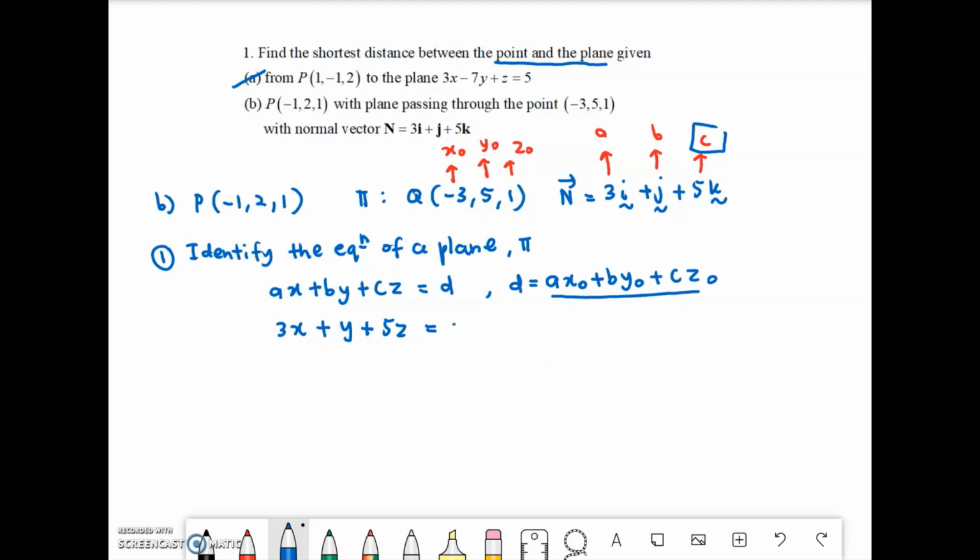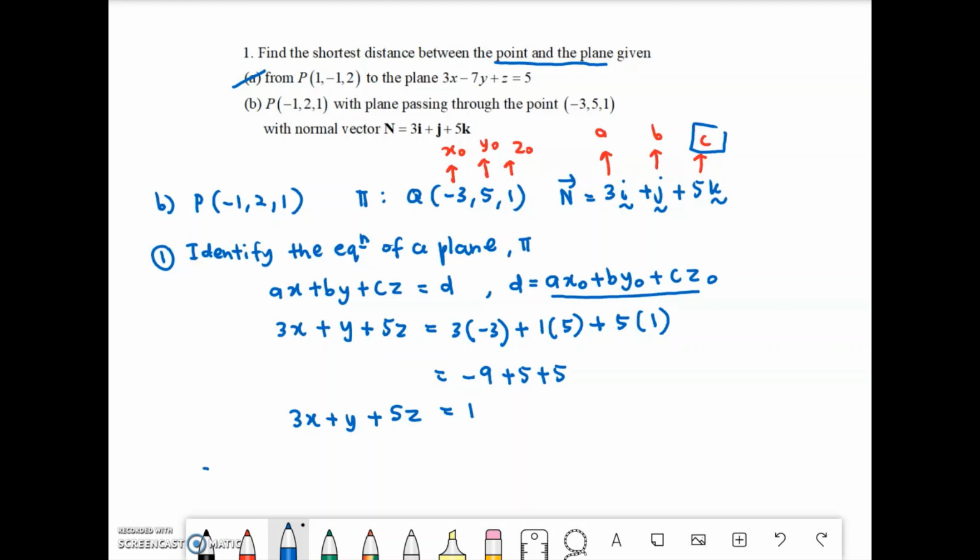So we have our A times x node plus B, which is 1 times y node, and C times our z node. So we have minus 9 plus 5 plus 5. So our D is equal to 1. So the equation of the plane is 3x plus y plus 5z equals 1.